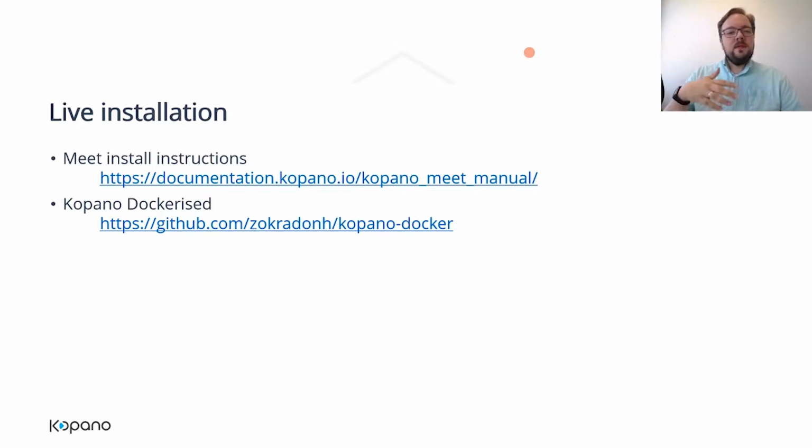The way it's at the moment, or at least how we have discussed it so far, is that Kopano Meet will still be part of the professional subscription, but, and that's the nice thing about Meet, Meet will also be able to run completely standalone without any Kopano subscription.